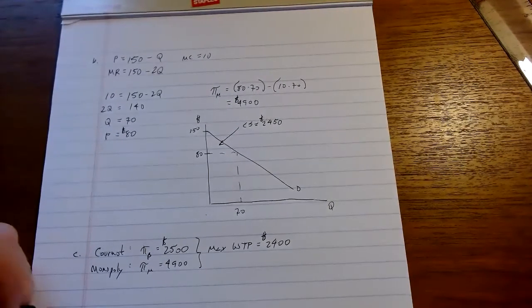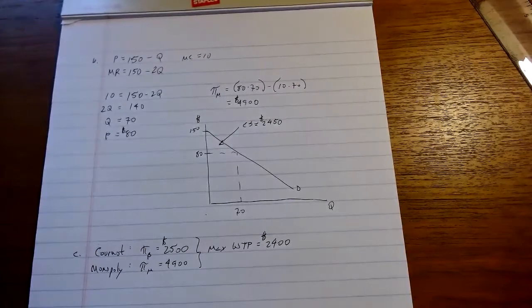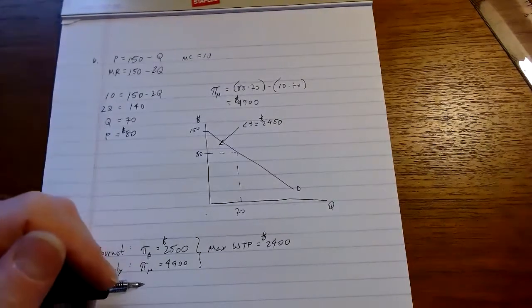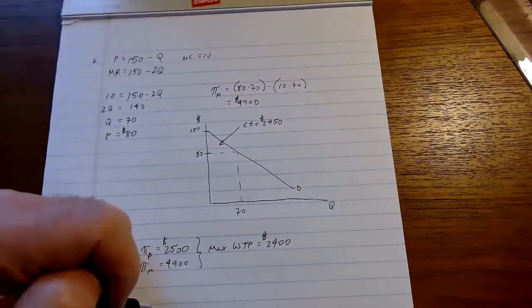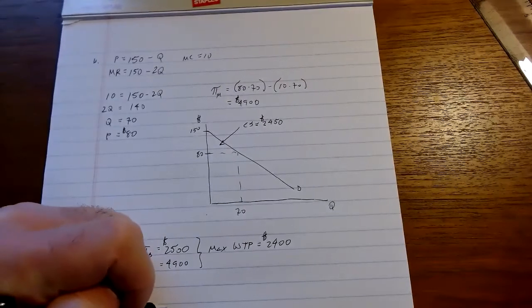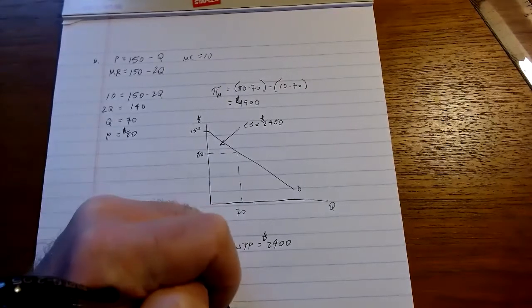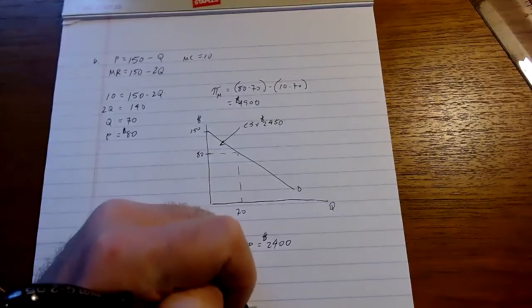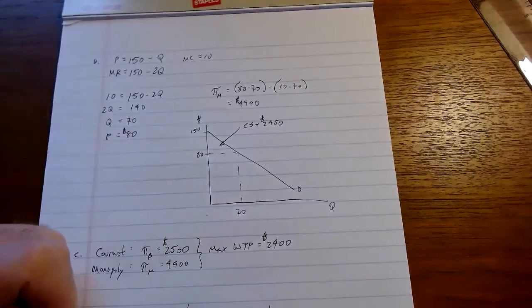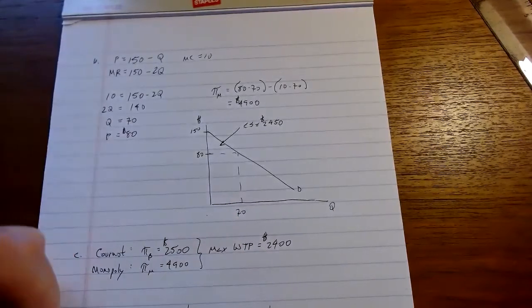Part D asks the question, has the combination of the two ranches discussed above been good for society or bad for society? So let's look at two things here. We could look at Cournot versus monopoly. What has happened to consumer surplus?